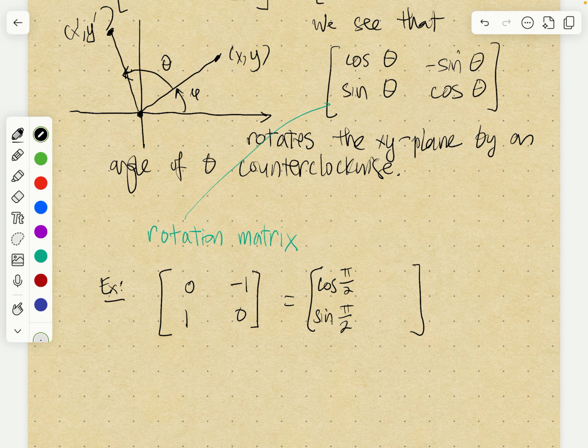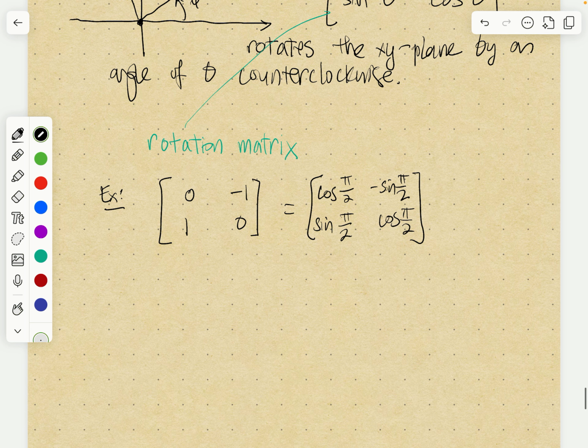The first column is cosine pi over 2, sine of pi over 2. Second column is negative sine pi over 2, cosine pi over 2. So what this matrix does is it rotates the xy plane counterclockwise by 90 degrees.